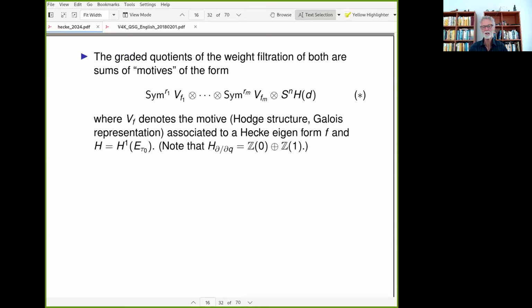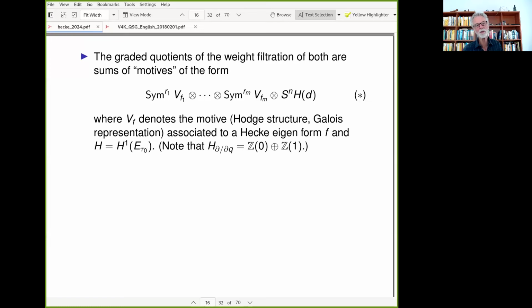So what does this mixed Hodge structure look like? Well, its weight-graded quotients are all of the following form. If you take a whole bunch of, say, Hecke eigenforms F1 through Fm, each will have a standard motive associated to it, so a standard Hodge structure and Galois representation.